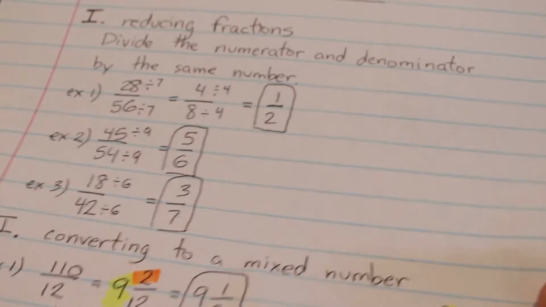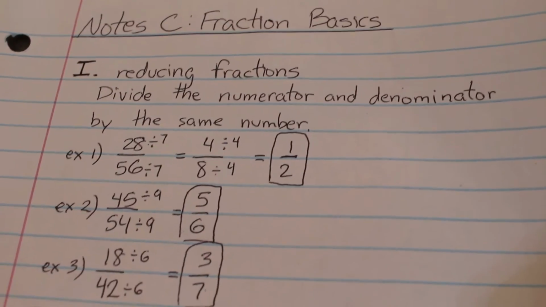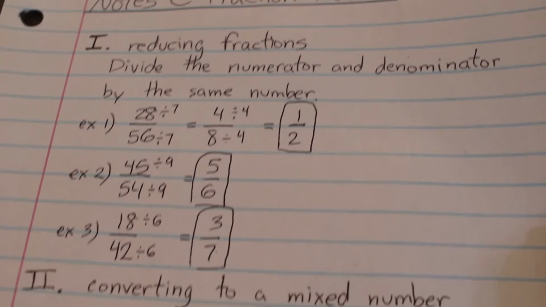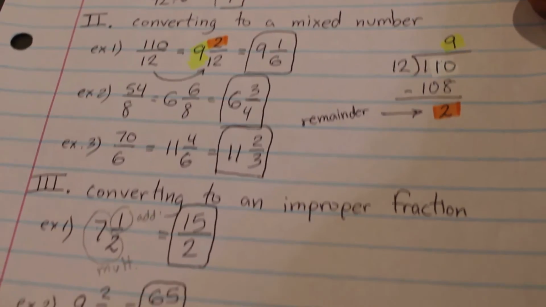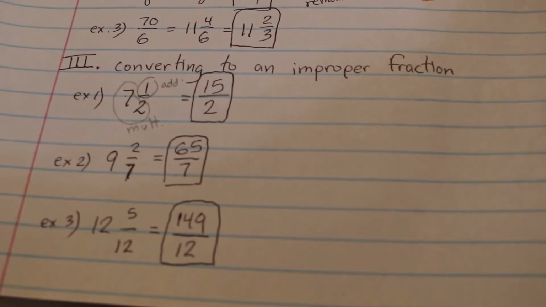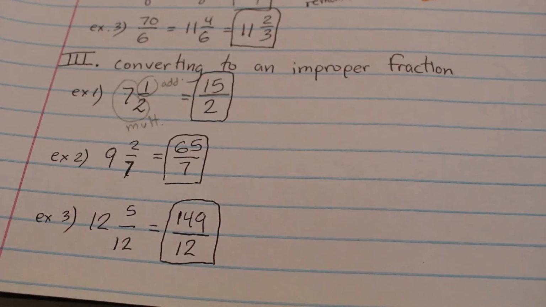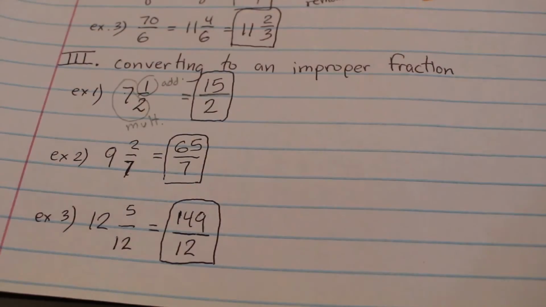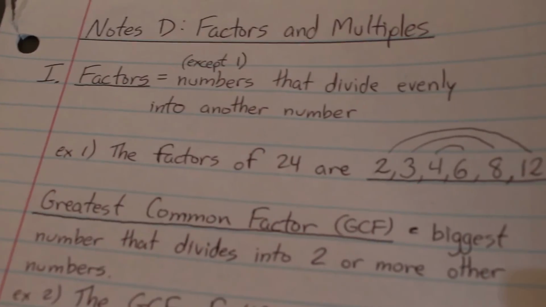All right, note C. Let's go through this a little quicker. Reducing fractions, or fraction basics, starts with reducing fractions, goes into converting to a mixed number, and then ends with converting from a mixed number back to an improper fraction. All right, then we did notes D, which was factors and multiples.